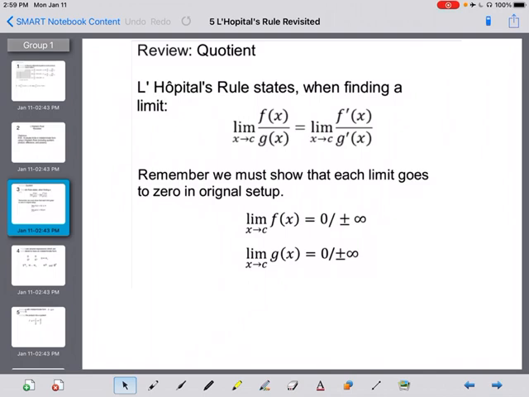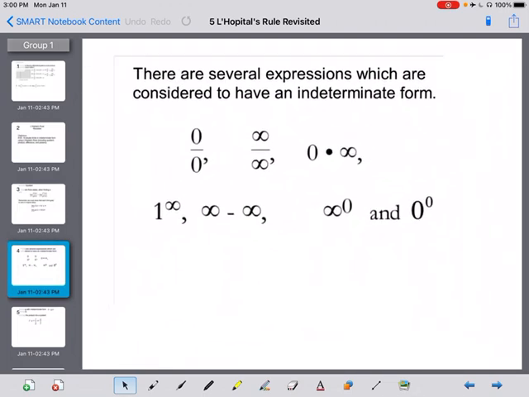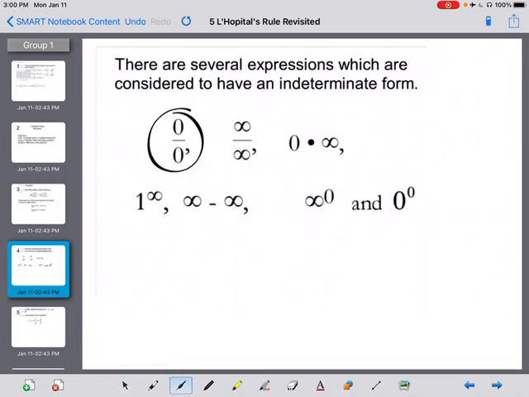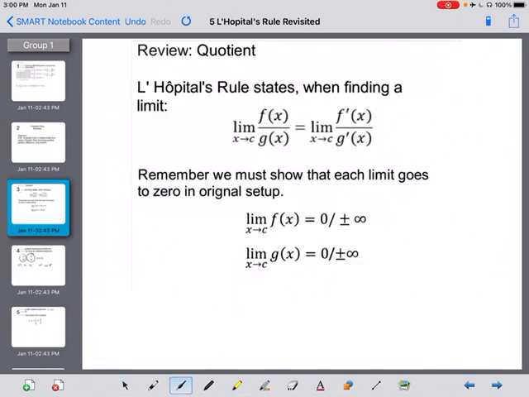Now we know how to do the basics of L'Hopital's rule. Using L'Hopital's rule, if we have one of our infamous indeterminate forms of either zero over zero or infinity over infinity, we will differentiate both the numerator and denominator, and then we will see if the limit exists, and if not, we continuously keep using L'Hopital's rule.